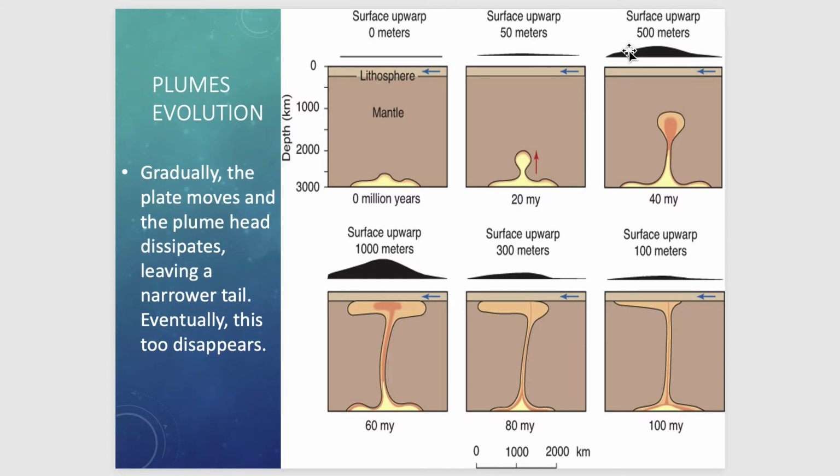The maximum elevation is reached roughly at 60 million years, which is the time at which the bulbous head gets flattened because of the contrast encountered when it reaches this colder lithosphere.